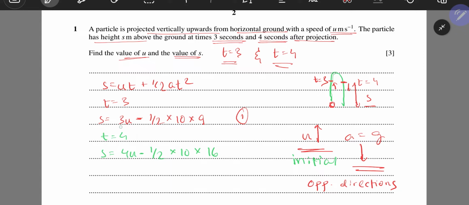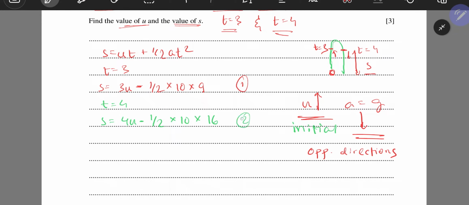Now we notice that in both cases there is s equals to something. So I can just use simultaneous equations to solve. So the equation will be something like 3u minus half times 10 times 9 is just minus 45, since 5 times 9 is 45, equals 4u minus half times 10 is 5, 5 times 16 is 80, so minus 80.